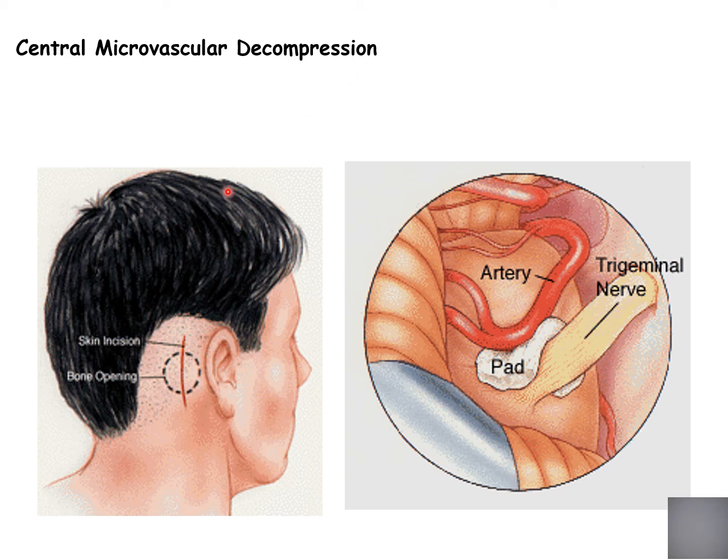This procedure is done by neurosurgeons and involves either the use of a balloon, which is placed between the anomalous vessel and the trigeminal ganglion, and the balloon is inflated to lift the vessel away from the trigeminal ganglion, or it may involve the use of a sponge pad, which is placed between the blood vessel and the nerve to decompress the nerve. So this is one of the popular options of operative management of trigeminal neuralgia.